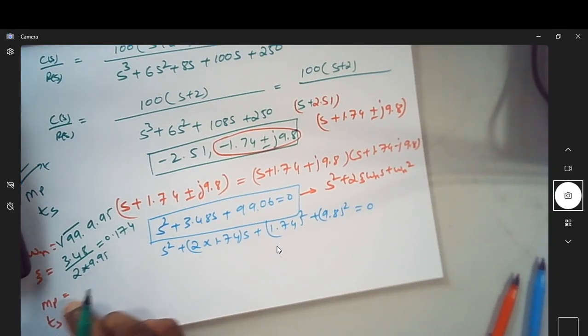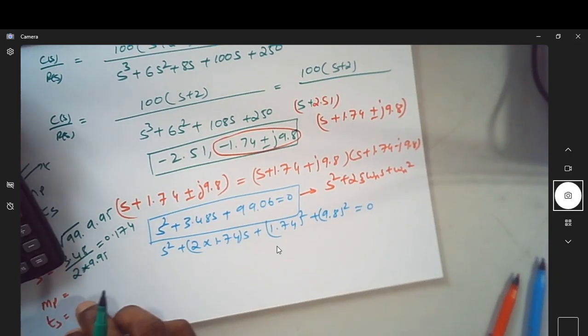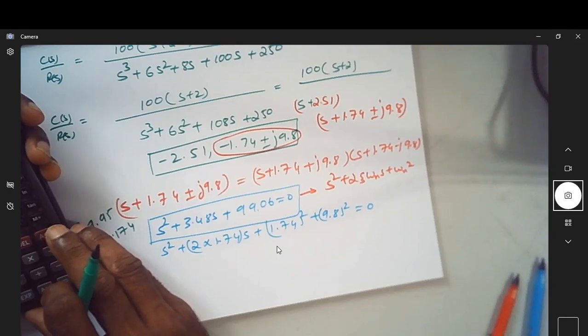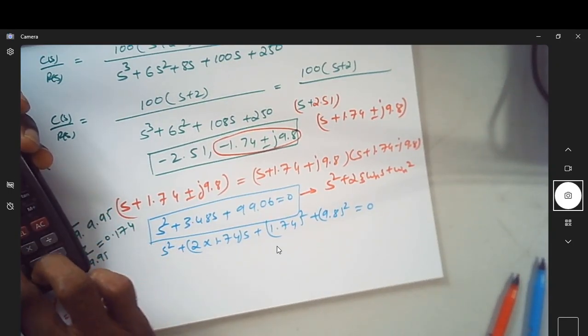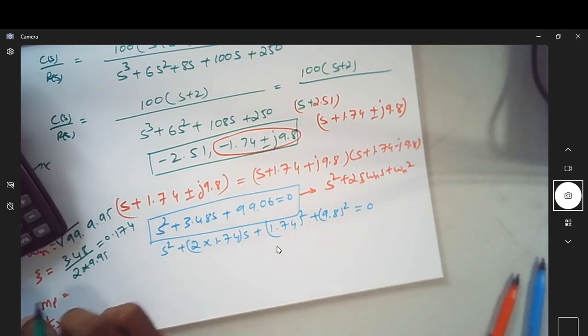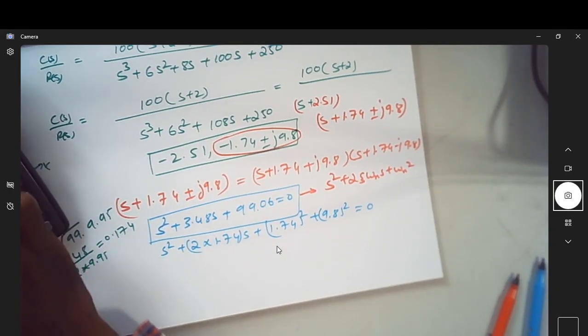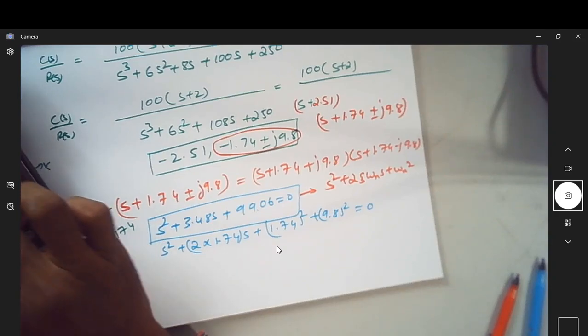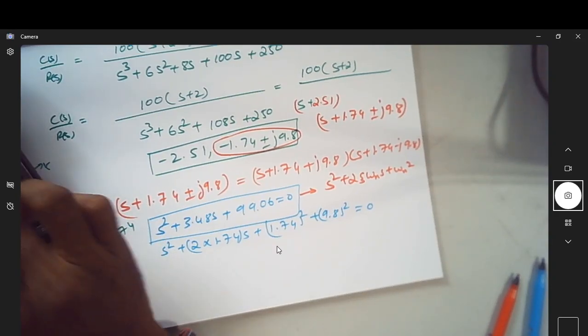So for that, how much is MP? For zeta 0.174, MP is e to the power of minus 0.174 into pi divided by under root of 1 minus 0.174 square.